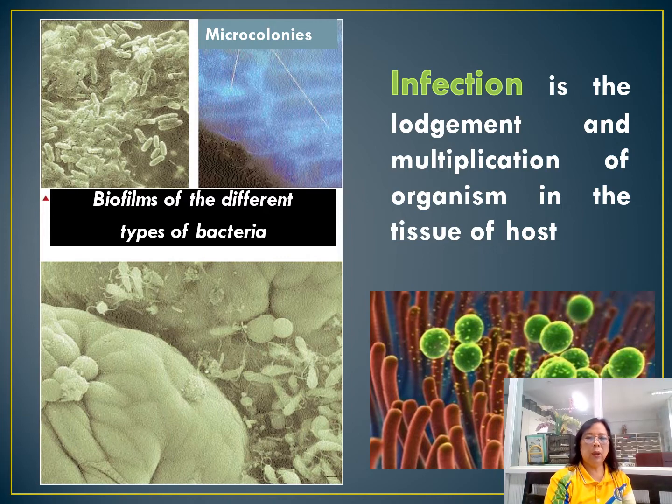And then these are already individual microorganisms clustered together and found in the tissue of the host. In a more magnified view, they could invade the tissue in this manner. You can also see some groups of organisms already growing.